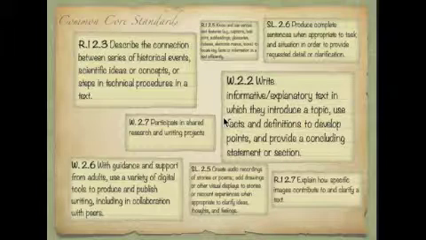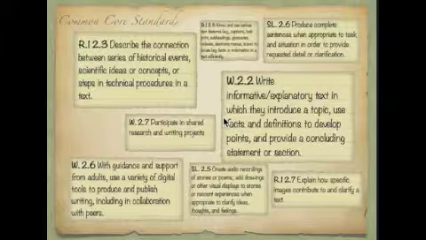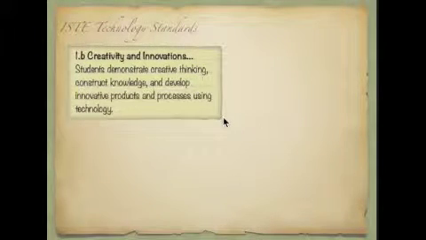Create audio recordings of stories or poems, add drawings or other visual displays to stories, or recount experiences when appropriate to clarify ideas, thoughts, and feelings. Lastly, produce complete sentences when appropriate to task and situation in order to provide requested detail or clarification.